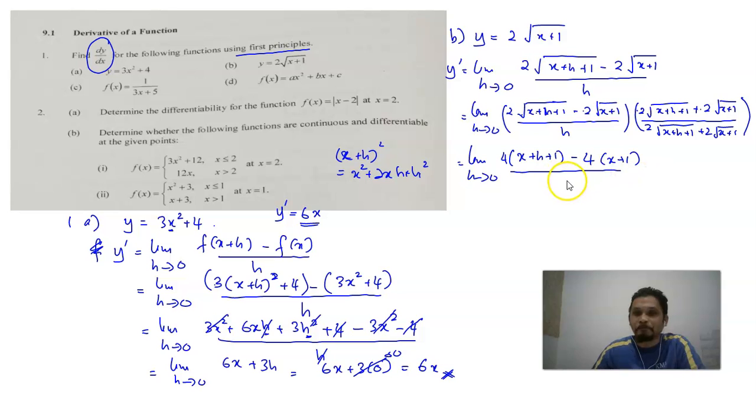Divide by h here, and then multiply with this one, 2 square root of x plus h plus 1, plus 2 square root of x plus 1. Okay, before that, I forgot, just now I showed you the y prime as our reference. I forgot to show you this part here, but it's okay.